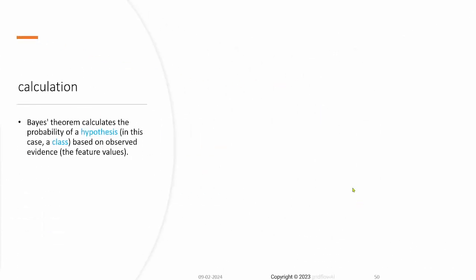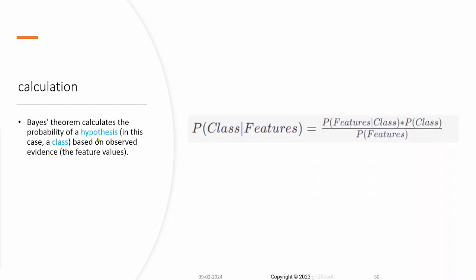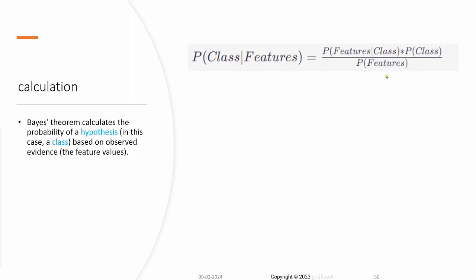The formulation for multinomial Naive Bayes follows the same Bayes theorem, where we are trying to predict the probability of a class, which is also called the hypothesis in this case. Let's take a look at how we are going to compute the probability of a class given the input data.